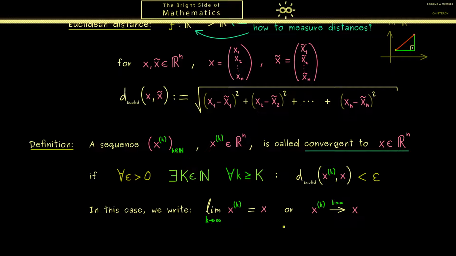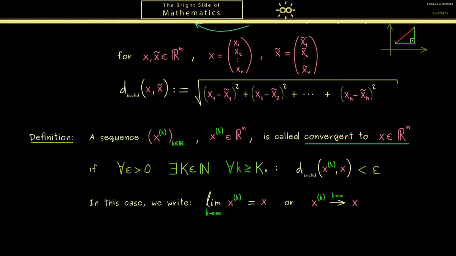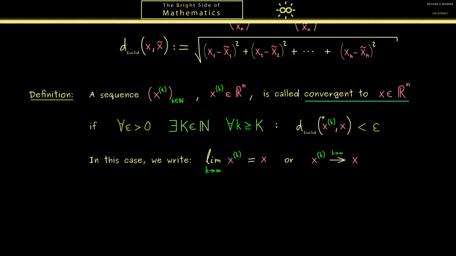Okay, so in summary, you see this is a new concept for the space R^n. Now it makes sense to talk about convergent sequences in the space. However, already before this, it was possible to talk about convergent components of the vectors. In other words, we immediately find a connection between the old definition and this new one.